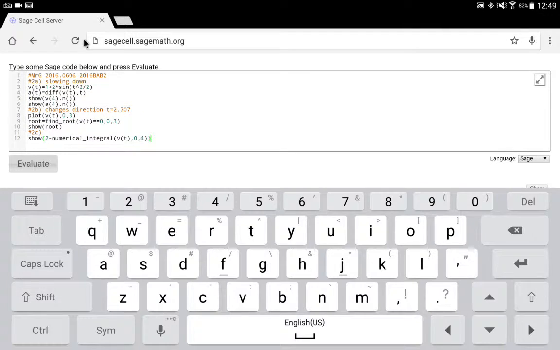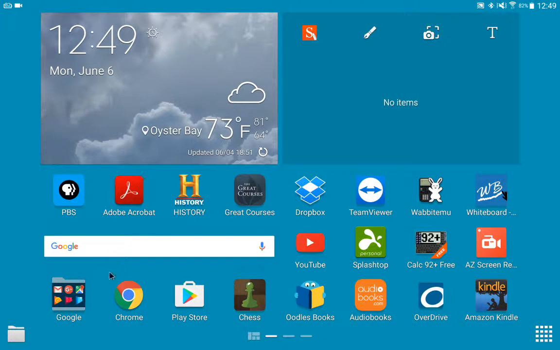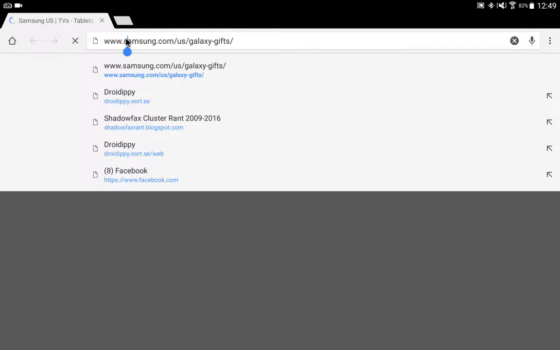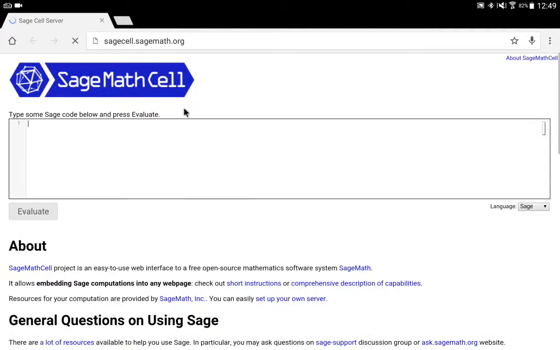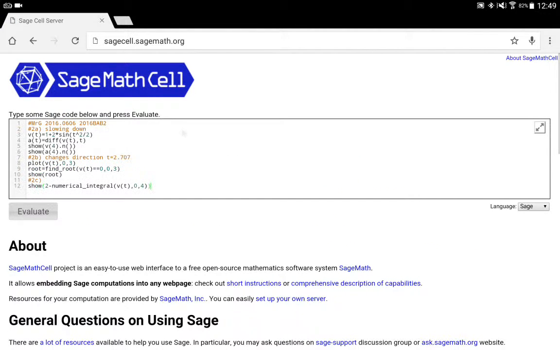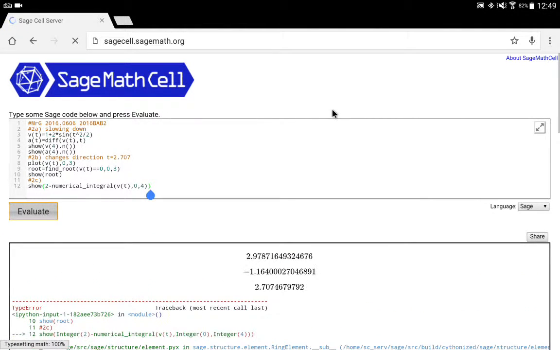Copy. Then, is this going anywhere? No. Whoopsie. Okay, load. And let's put that in there, and let's evaluate that. Ooh, what'd I do?